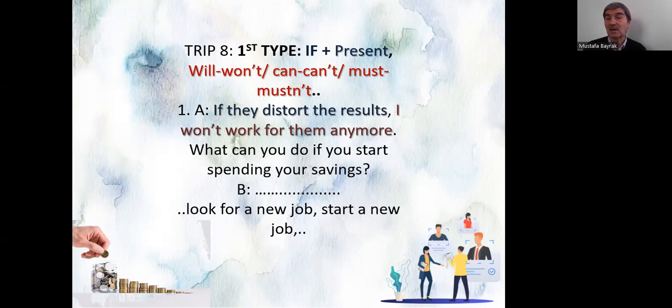Or you should start a new job. Okay. So the simple answer is this. If I start spending my savings, I will look for a new job, or I must look for a new job, or I can look for a new job.